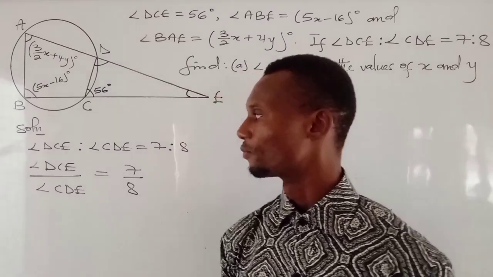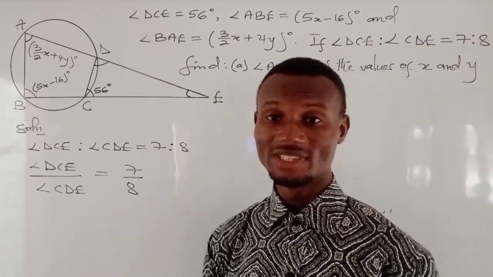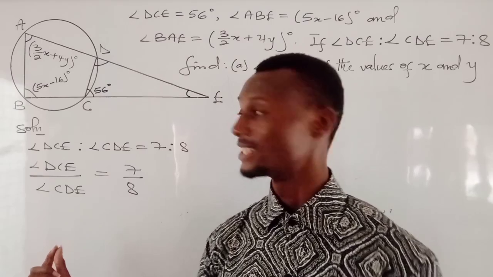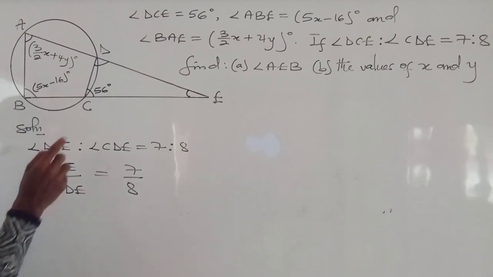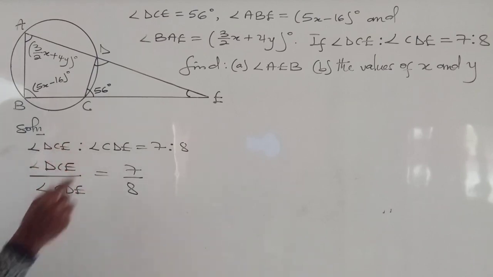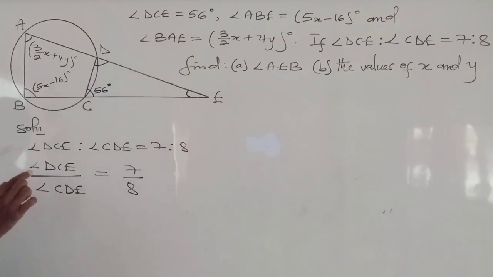Now we know the value of one of the angles. It has been given, so we will substitute it into the equation. We know that the angle DCE has been given. Look, we have that angle DCE equals to 56 degrees. So in place of this angle DCE, I'm going to put my 56 degrees there.